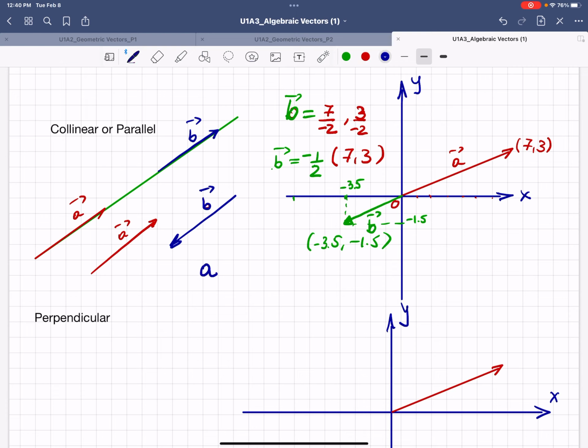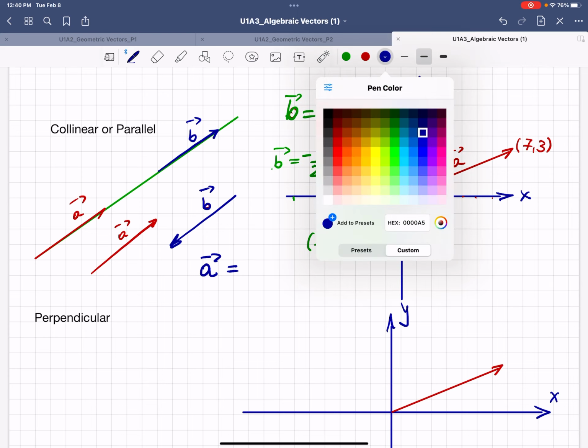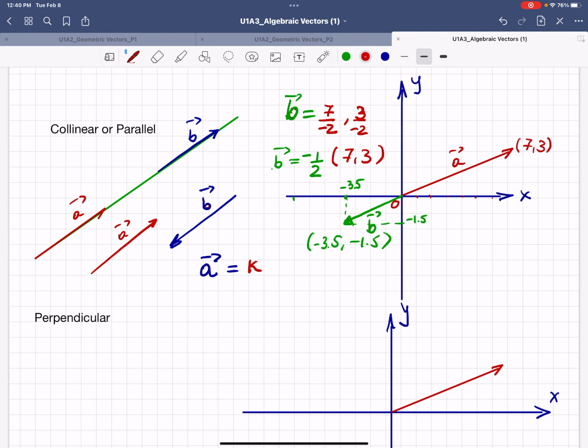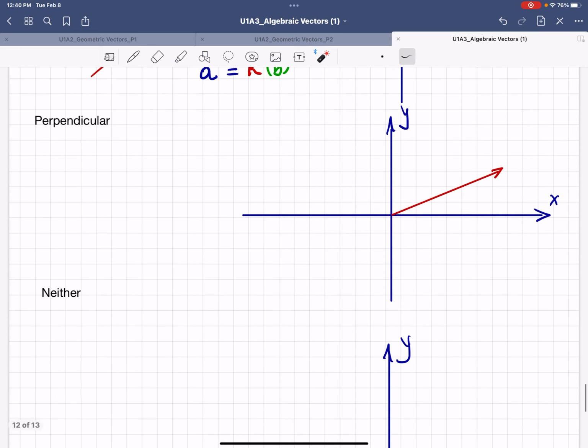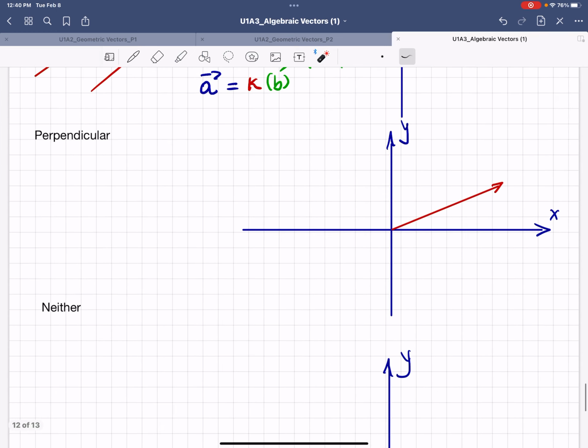So if we prove that some vector A equals k times some vector B, it means that the two vectors are collinear. So if we can find that multiplier k that will make this vector here equal to the vector on the left. Now, in a similar way, we'll discuss two vectors that are perpendicular.